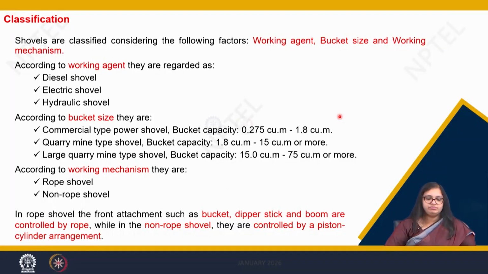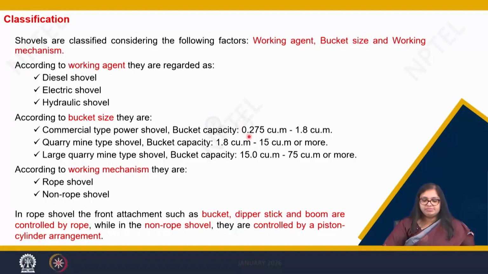Well, when we talk about the bucket size or the bucket capacity, they are divided into three types. One is a commercial type power shovel, one is a quarry mine type shovel, and the third is the large quarry mine type shovel. These three types are classified based on the bucket capacity.